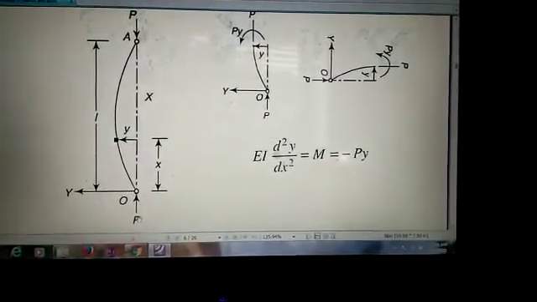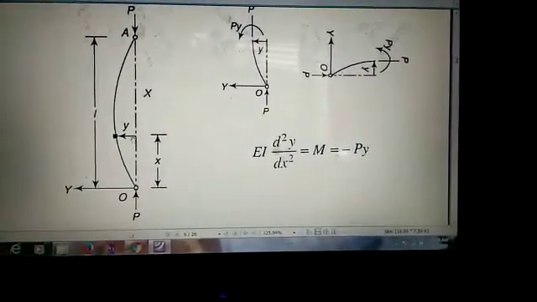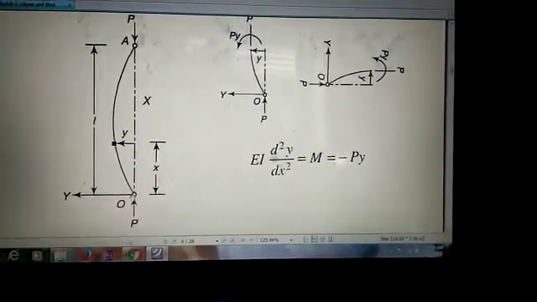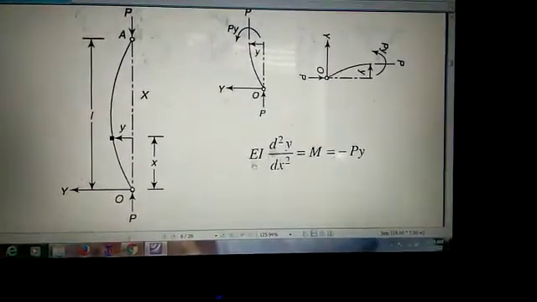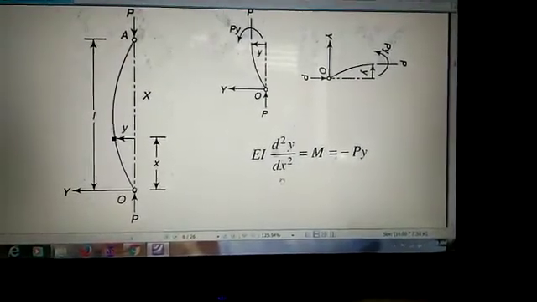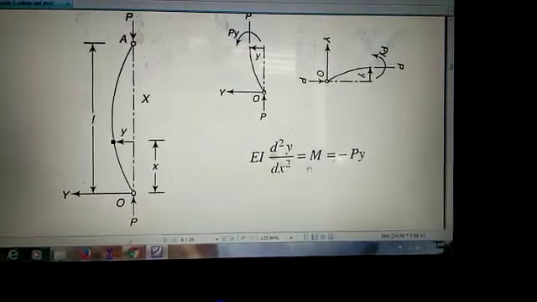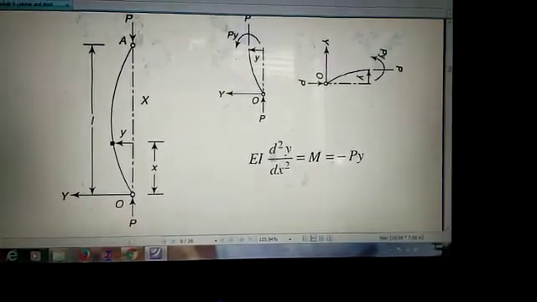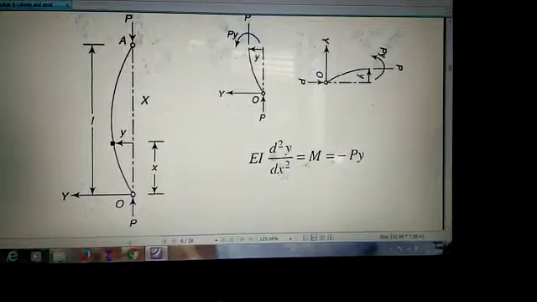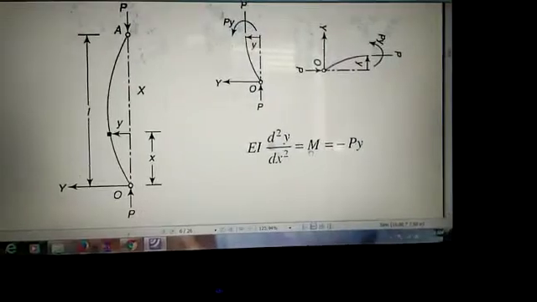This is P and this is also P. Now let us consider some section YY at a distance of small x from O. In bending stresses, we learn that EI d2y by dx square is the expression of moment, denoted by capital M.